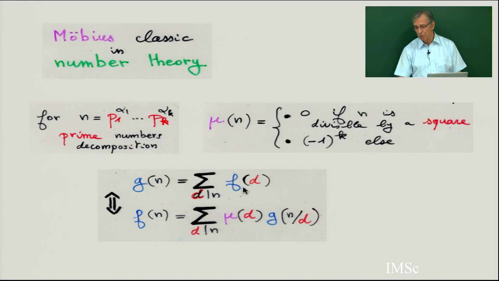F is a function from the numbers to any ring with a unit element, or any algebra. I define a new function g by the sum of all f of d, for d all the divisors of n. Take all numbers d which divide n, including 1 and n.